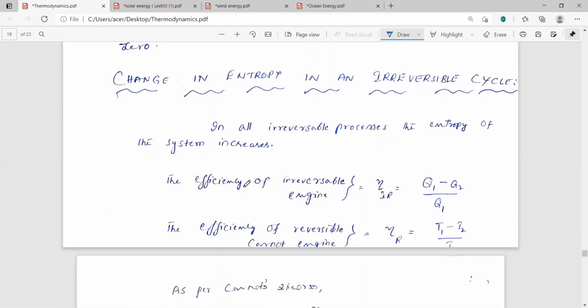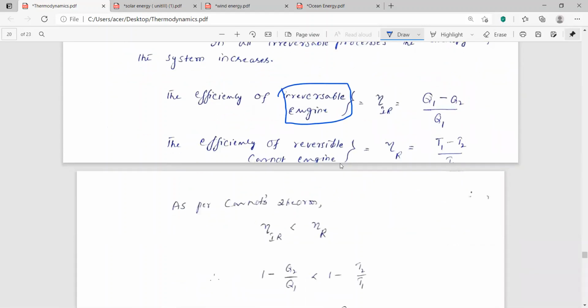So the efficiency of the irreversible engine, eta IR, equals Q1 minus Q2 by Q1. The irreversible engine means the normal heat engine. The efficiency of the reversible Carnot engine, eta R, equals T1 minus T2 by T1.